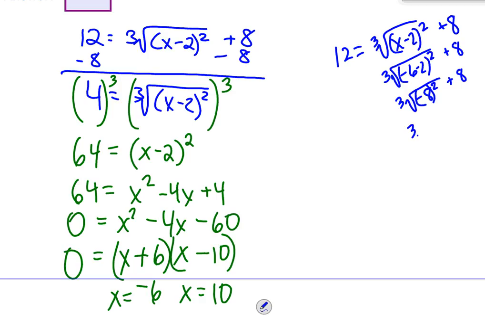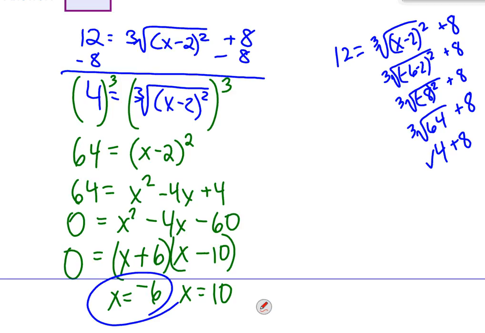Negative 8 squared is what? 64. Cube root of 64 is what? 4. 4 times 4 is 16 times 4. 4 plus 8 is 12. So that one checked out. So that answer is good.